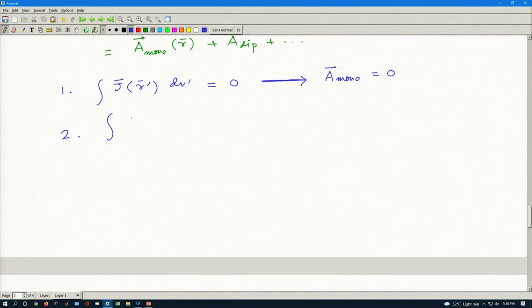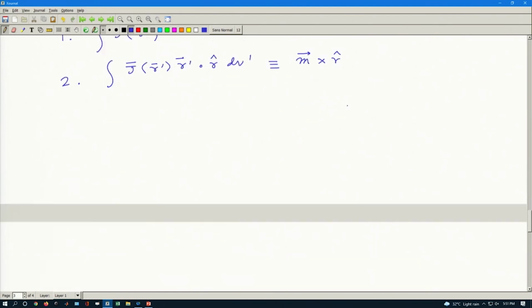And the second identity that we are going to use is the integral of J(r') dot unit vector r dv'. It can be written as a quantity like m cross unit vector r, where m, which is the dipole moment, is now defined in this way.